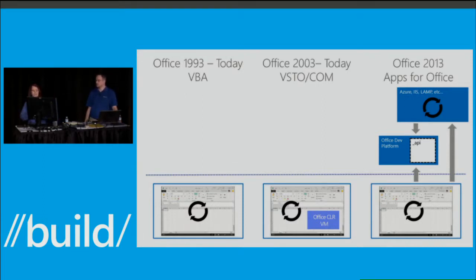So you're decoupling your logic from the presentation layer. The presentation layer still runs within your Office, and that's what we want. We want a fluid and integrated experience for your users. But your logic is completely decoupled and can be sitting on some Apache web server if you'd like, right? As long as there's a web service connecting it, you're good to go.